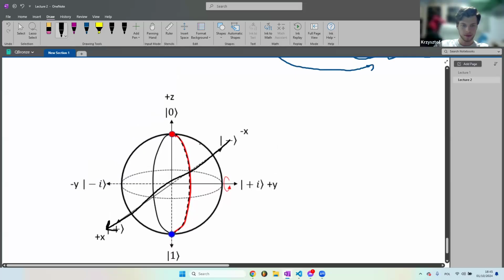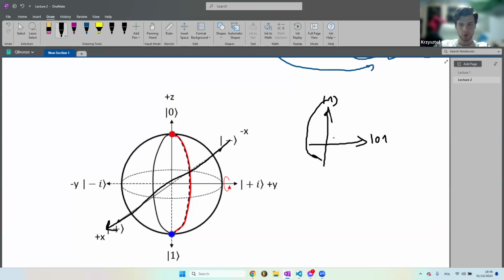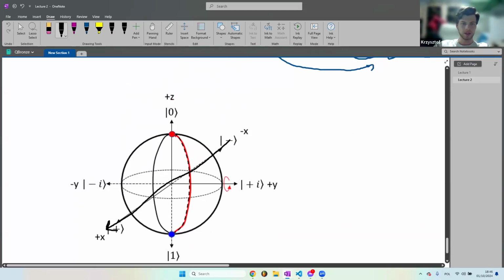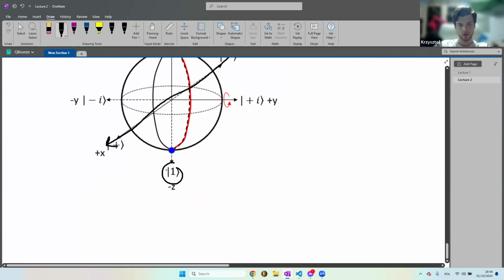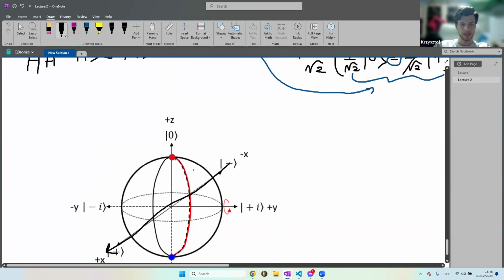Instead of writing the 1 and 0 in the xy plane, we now expand our plane to 3D, and the vector 0 is our plus z axis, and vector 1 is on our minus z axis.